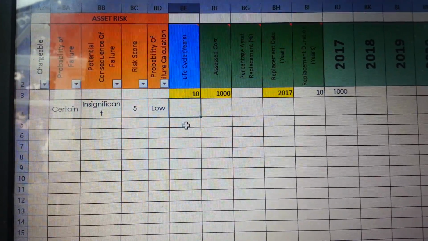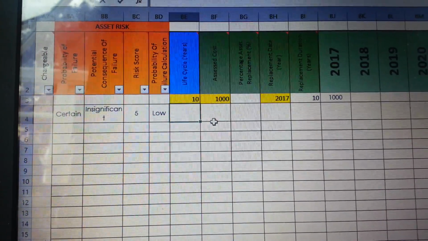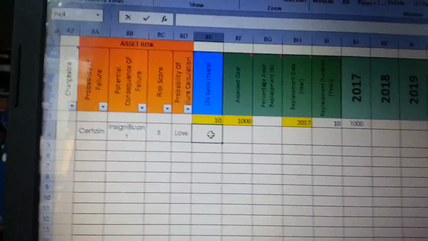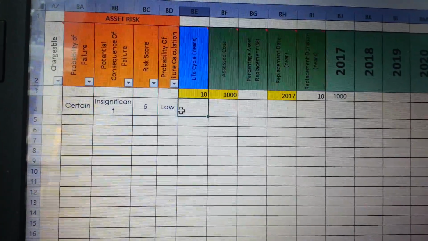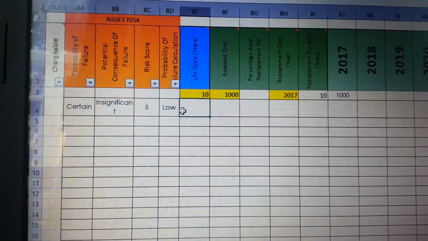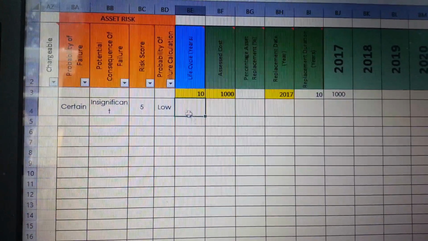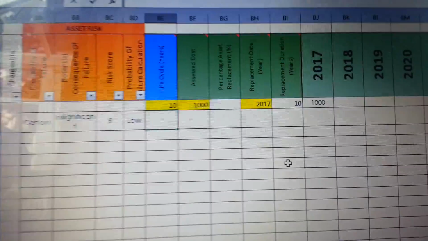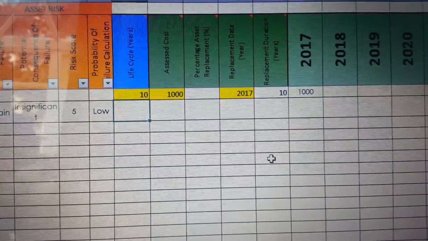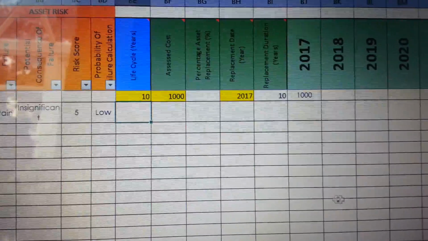How many years will you get out of it? There's two types of life cycle. There's one which is based on data that says it should last so many years. Then the other one is the actual life cycle of the asset you're looking at.